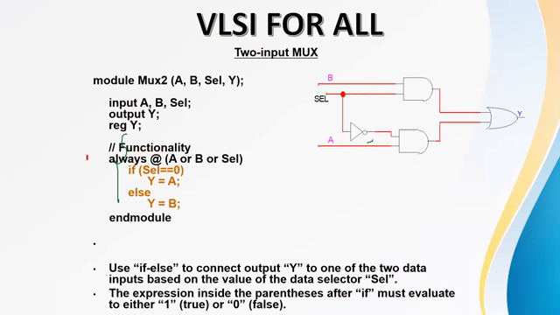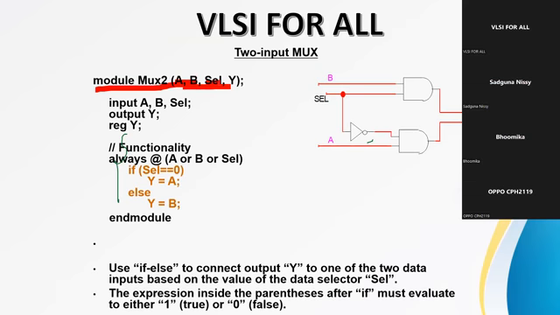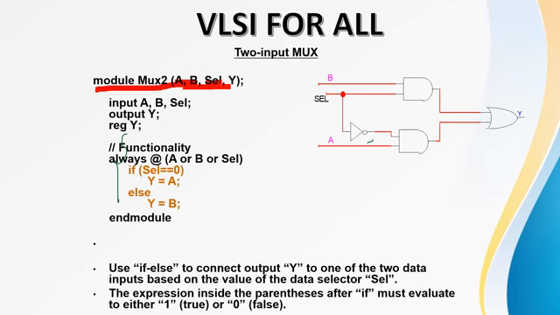Now we'll understand the Verilog code for mux. For mux, we have 2 inputs, as I said, and the select line as another input. This is the special input, because based on the select line we'll get the output, and this is output Y. All these are single bit; I have not defined them as parameterized variables, which is why they are 1 bit. By default, all these are wires.